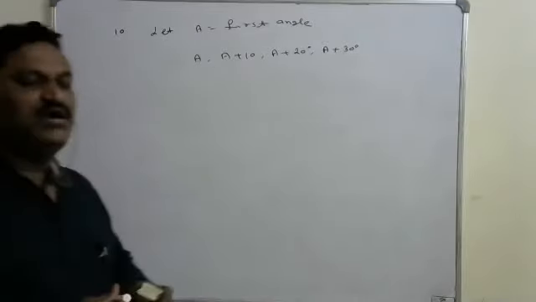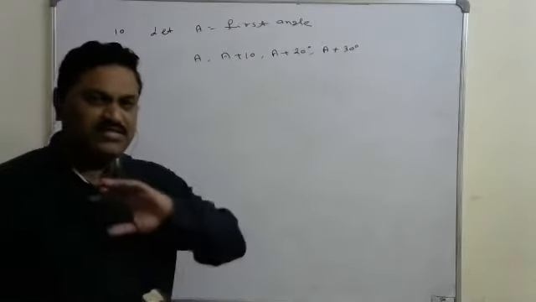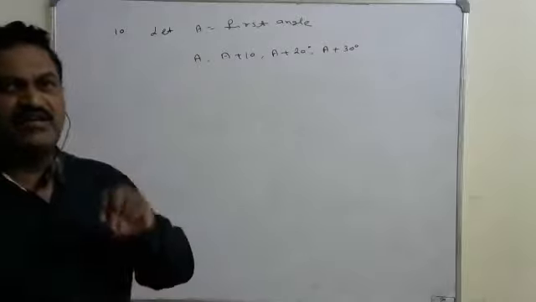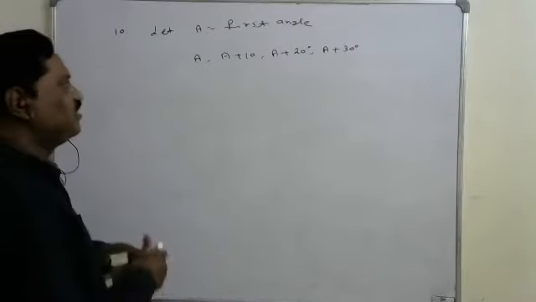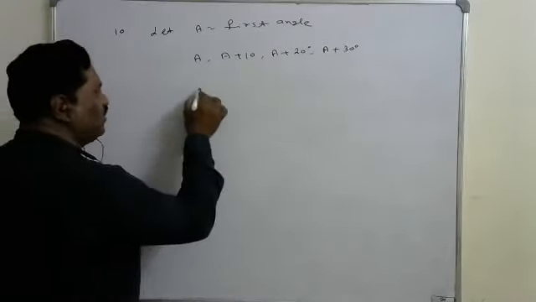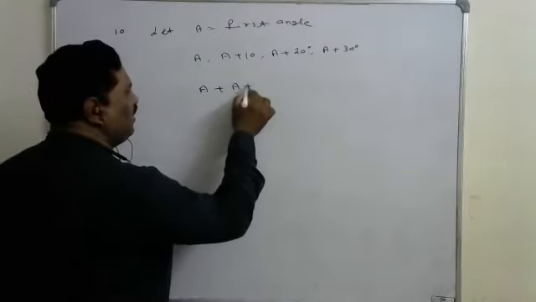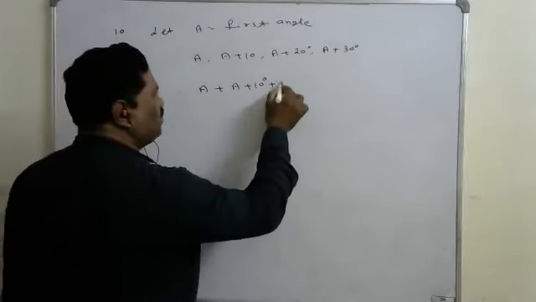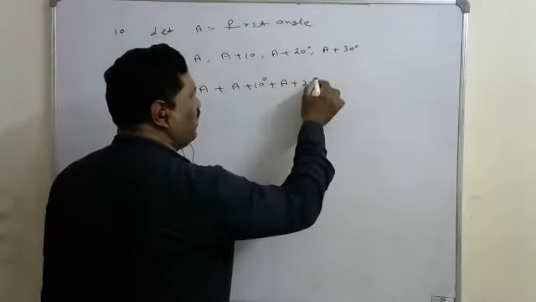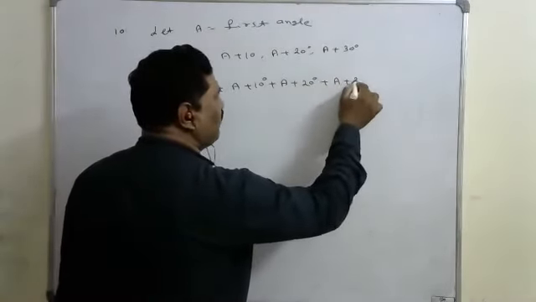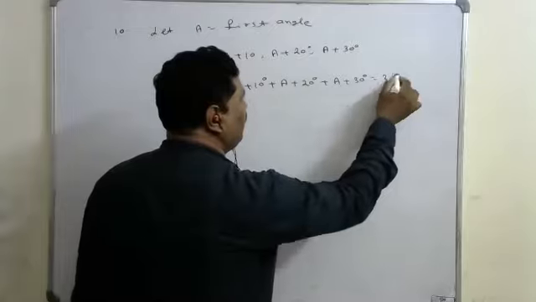Now we know that in a quadrilateral, the sum of interior angles is always equal to 360 degrees. So the sum of all these terms, A plus A plus 10 degrees, plus A plus 20 degrees, plus A plus 30 degrees, is equal to 360 degrees.